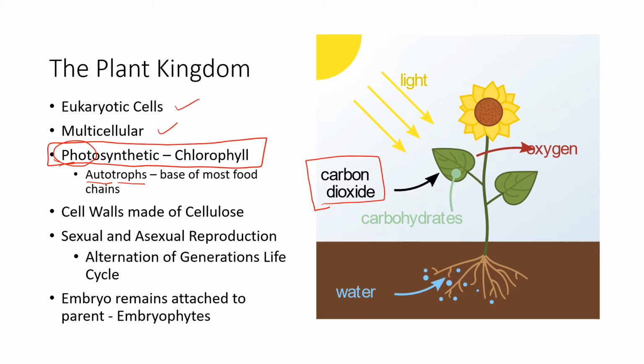They take water from the soil, through their roots, and using the energy that comes from the sun, they convert the carbon dioxide and water into fuel, in this case a carbohydrate. We might say that's sugar, like glucose, that can be converted into starch.